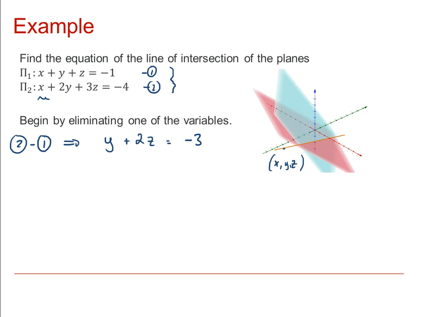If we introduce a parameter now, we can do that for either y or z, but let's take z is equal to some parameter lambda. And what we want to do is to then find expressions for x and y in terms of this new parameter that we've introduced, lambda. So we can see that y plus 2 lambda must be equal to negative 3, and therefore y is equal to negative 2 lambda minus 3.